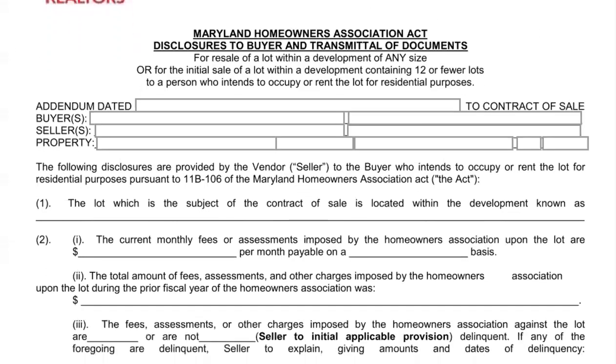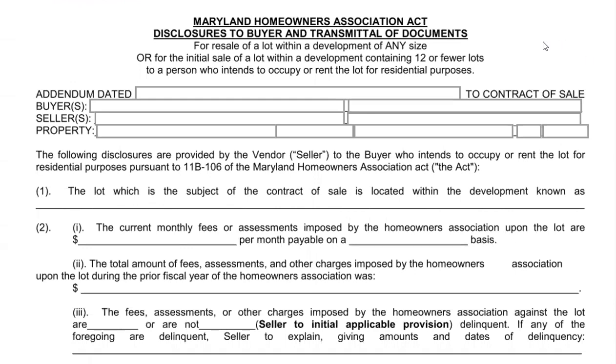This is the document that would actually be sent along with the resale package. So the seller, usually once the property is under contract, will request the resale package from the HOA. So this again is the disclosures for resale of a lot within a development of any size.